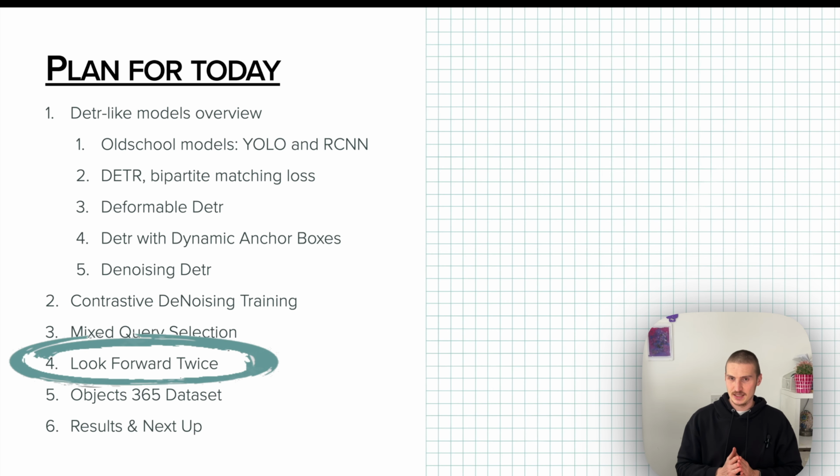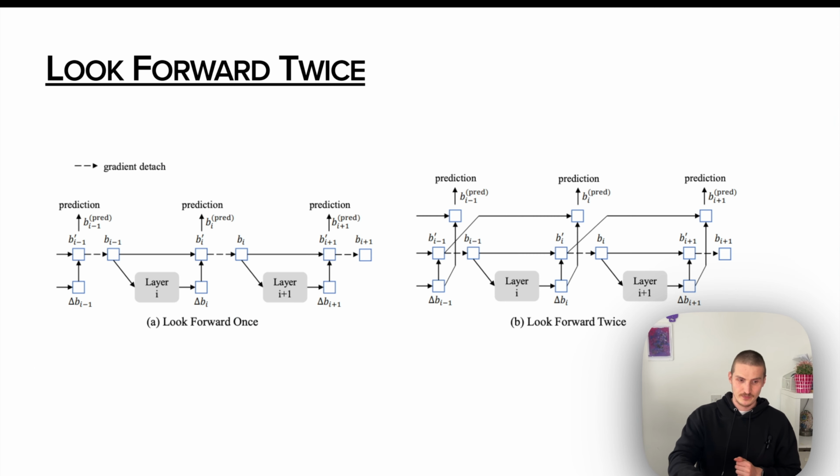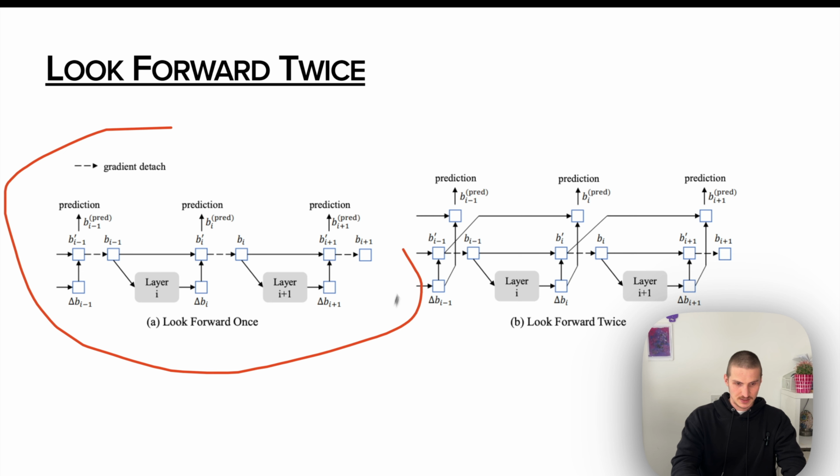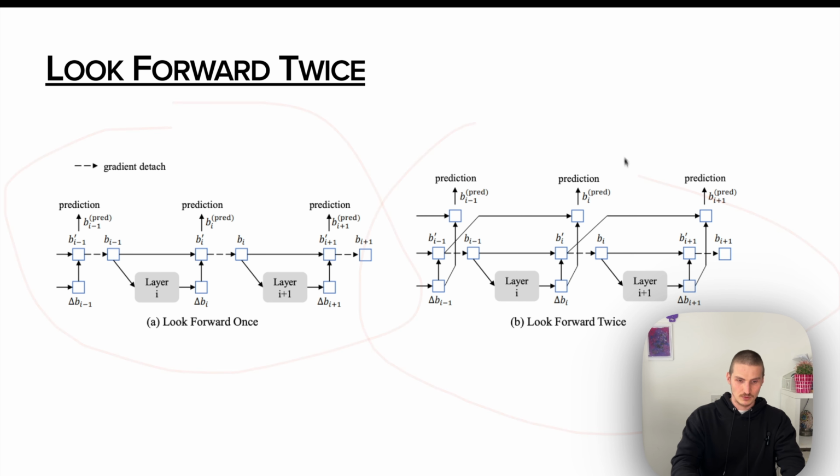Now, the final technique introduced in DINO is the look forward twice. So here is the diagram for it. The diagram on the left is the look forward once, on the right is the look forward twice. So again, we are coming back to concepts introduced in DAB-DETR, DETR with dynamic anchor boxes.